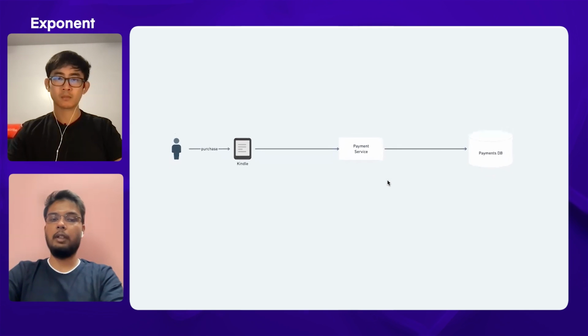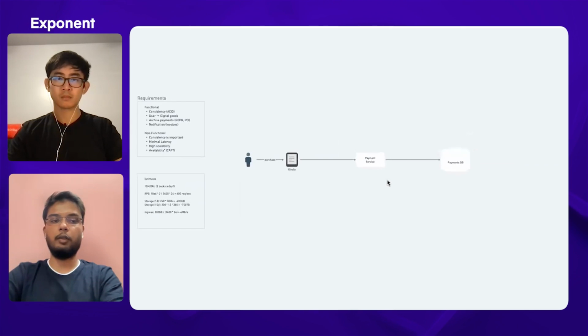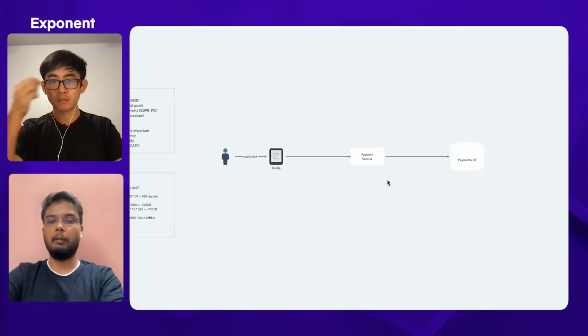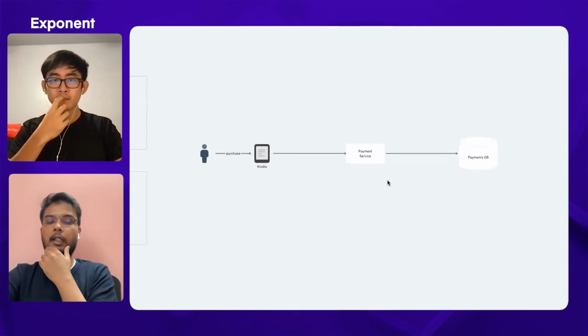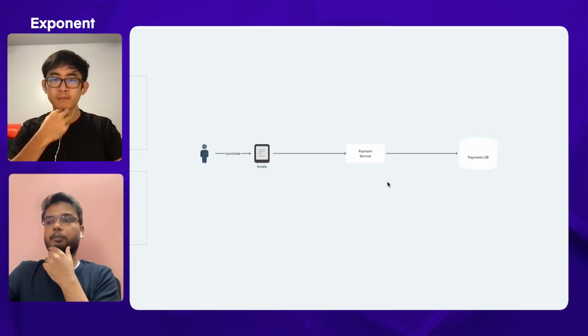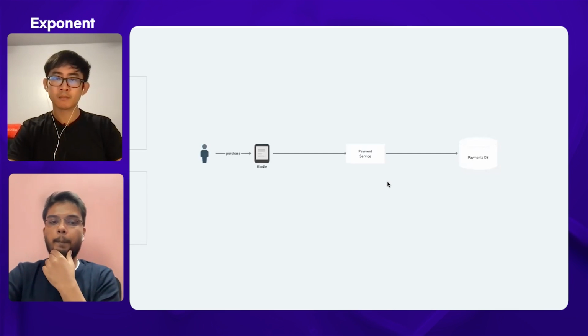But then again, our first requirement is consistency. Let me pause here for a second and talk a little bit about the database we will be using. I think a relational database like Postgres or Amazon RDS with Postgres will be a great choice here because we need that ACID consistency.